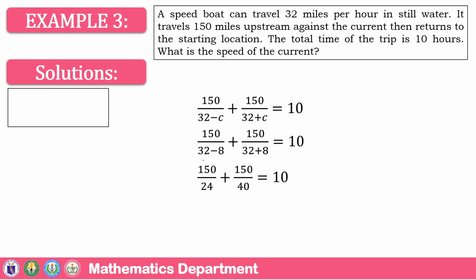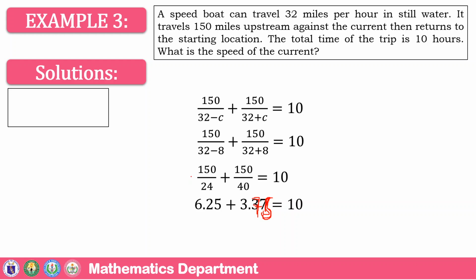So, sunod. 150 over 24 is equals to 6.25. And 150 over 40 is equals to 3.75.